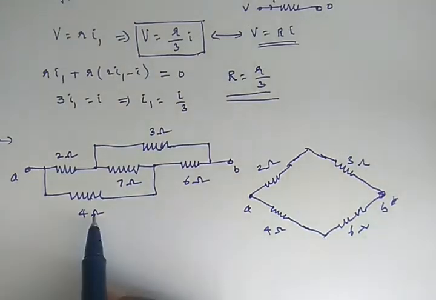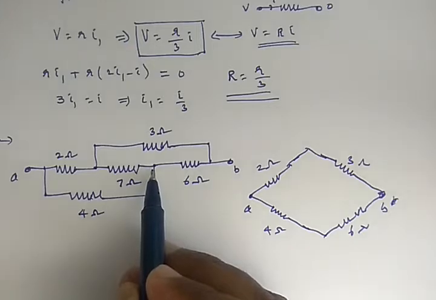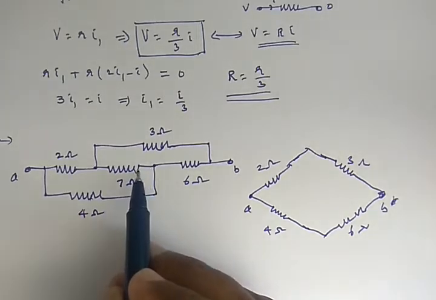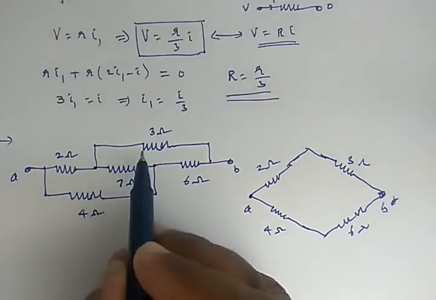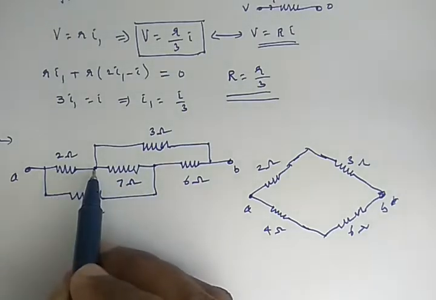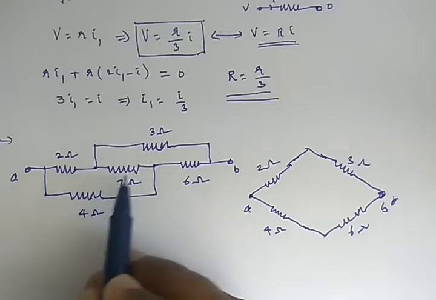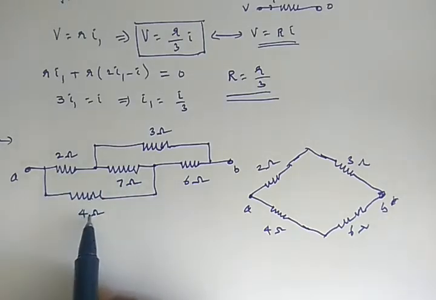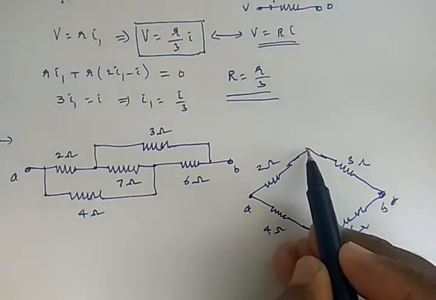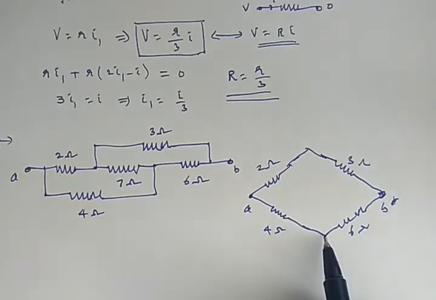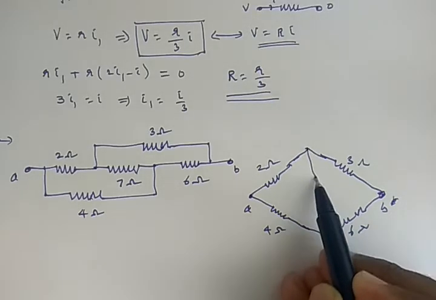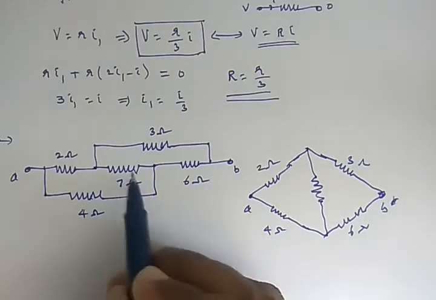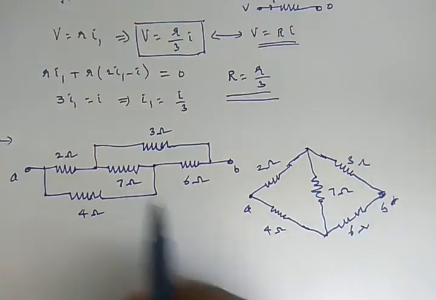And there is one more resistor from the second end of the 2 ohm resistor to the second end of the 4 ohm resistor, connected by a 7 ohm resistor.